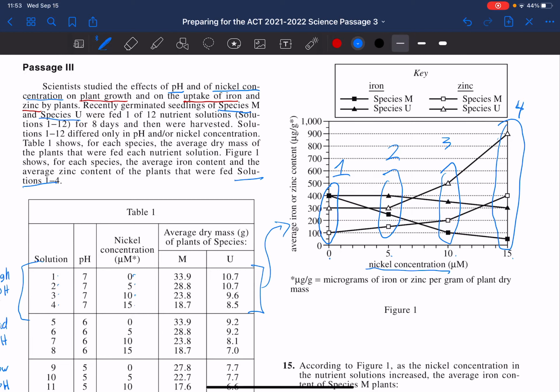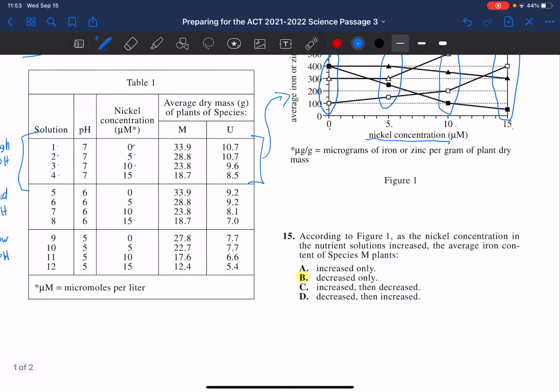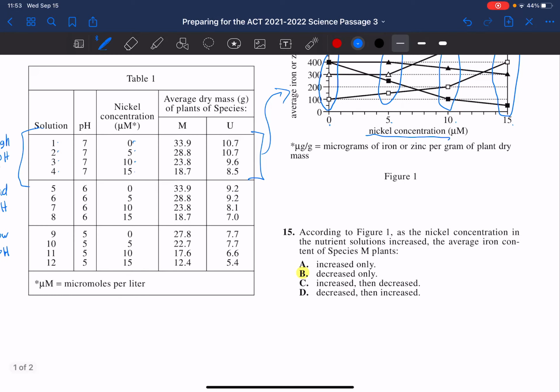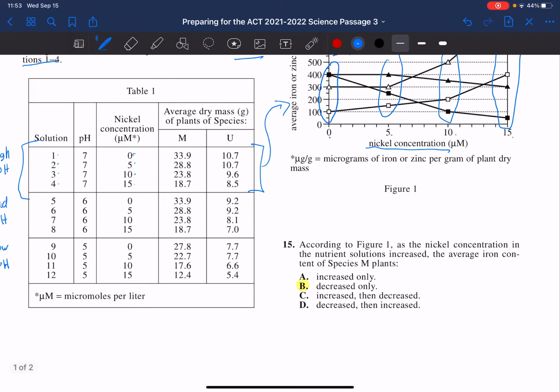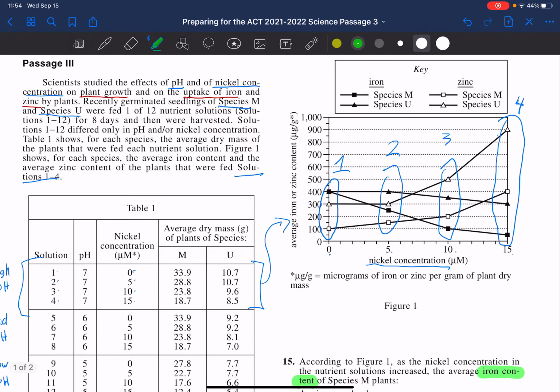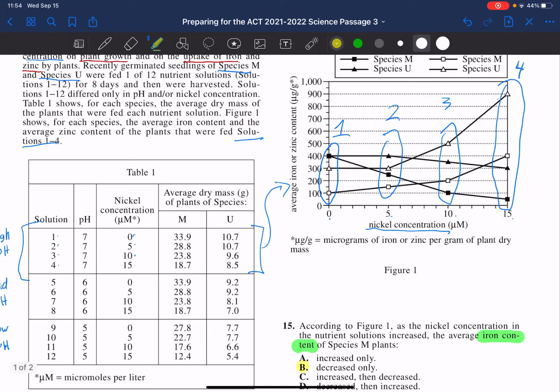So let's see what we're being asked. Number 15, according to figure 1, so we're looking at the graph, as the nickel concentration, all right, so let's stop right there because we've got to keep track of what we're talking about. The nickel concentration increased, the average iron content, okay, so iron, so that means we're looking right here of which species?